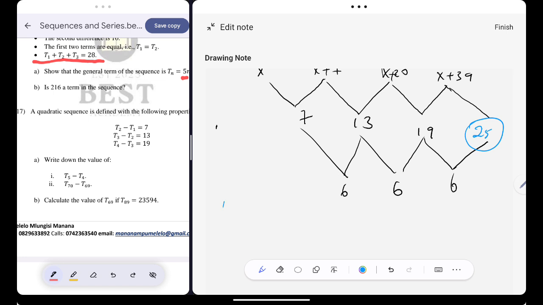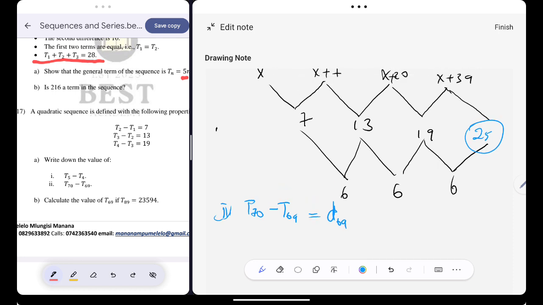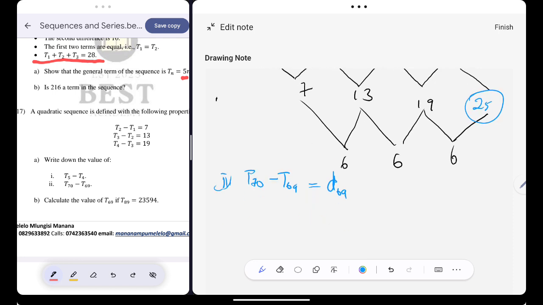Now secondly, they want me to find t70 minus t69. Okay, t70 minus t69 is the same as the 69th term of the first difference, so I'm going to call it 69. All right, together. And how can we do that? The first difference, guys, is arithmetic.